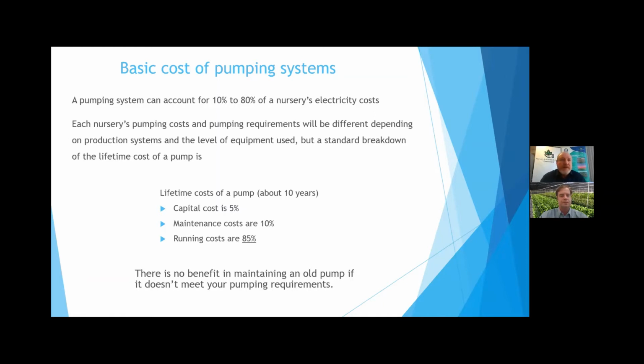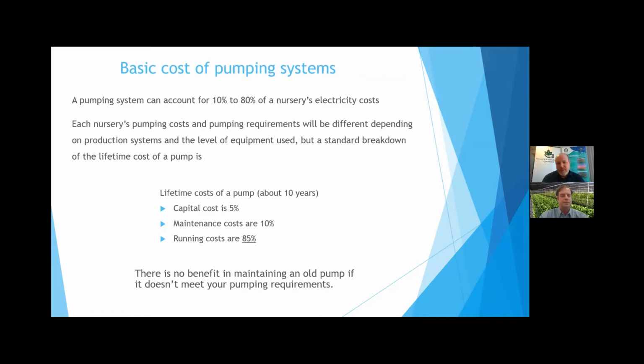If we consider the lifetime costs of a pump, which can be anywhere between 5 and 15 years, for economical reasons most calculations are done over a 10-year period. So when we look at the combined total cost of the pump over that 10-year period, only about 5% is the original purchase cost. 10% is for maintenance, but 85% is the actual running cost of the pump over its life.